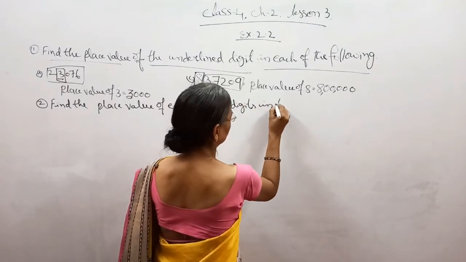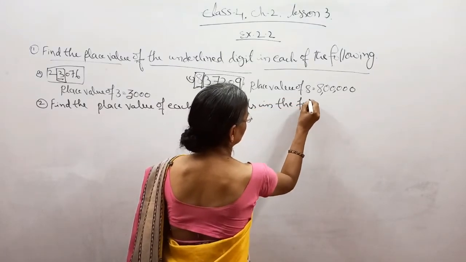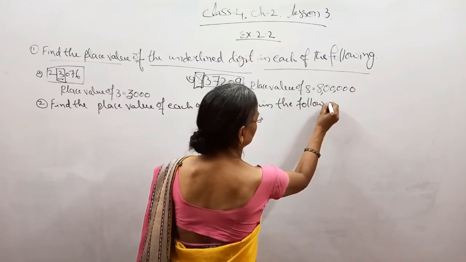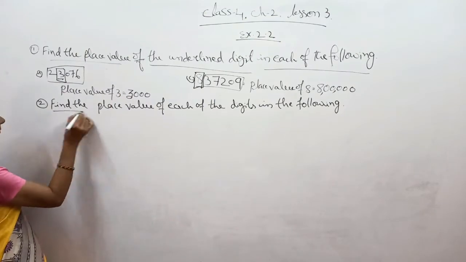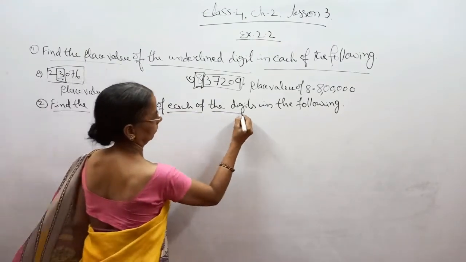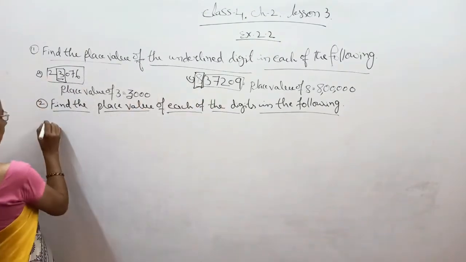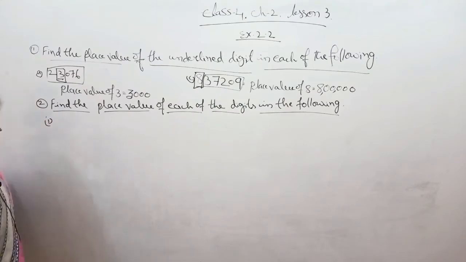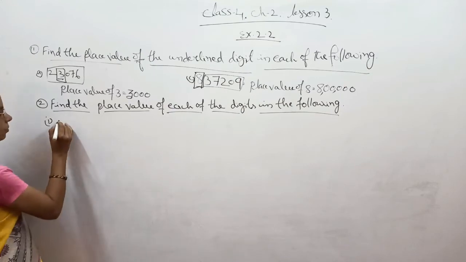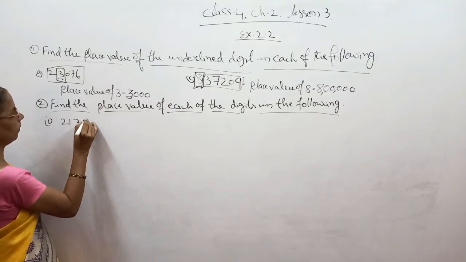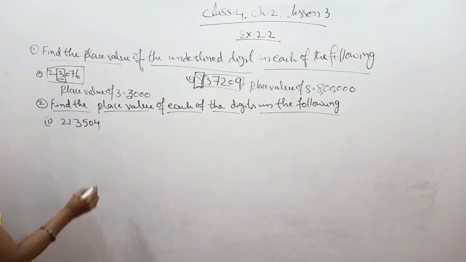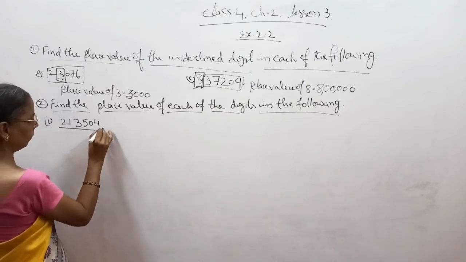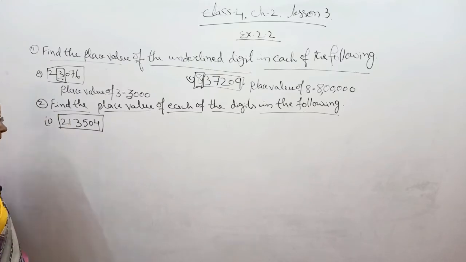The first question is 2, 1, 3, 5, 0, 4, that is 213504. We have to find the place value of all these numbers.